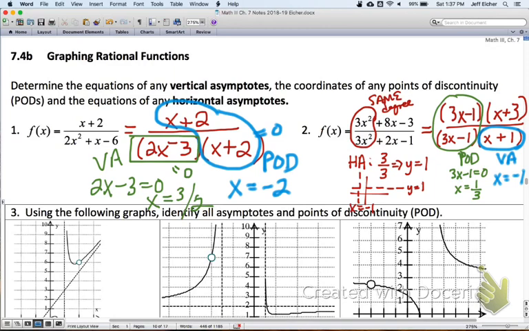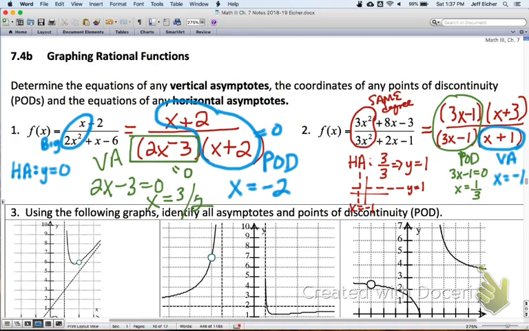For the other question on number 1, the horizontal asymptote, we look at the degree, and the degree is bigger in the denominator. If the denominator is getting bigger faster, then this quantity is going to be approaching 0. Horizontal asymptote at y equals 0.